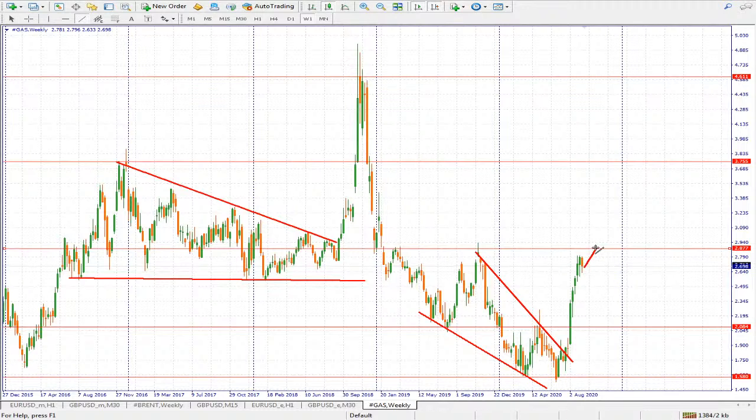We expect something like this. That is, the price may move up to the upper line, then bounce off from that line to the lower side, or the price may break above the upper line, retrace back like this, and then continue to the upper side. This is what may happen.